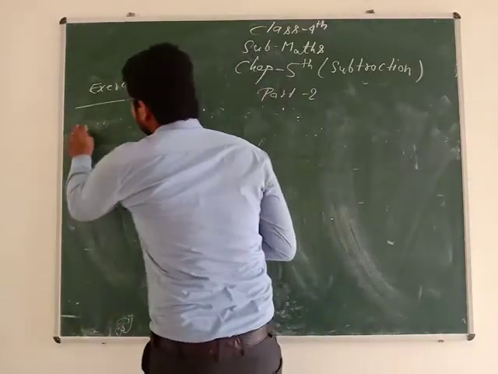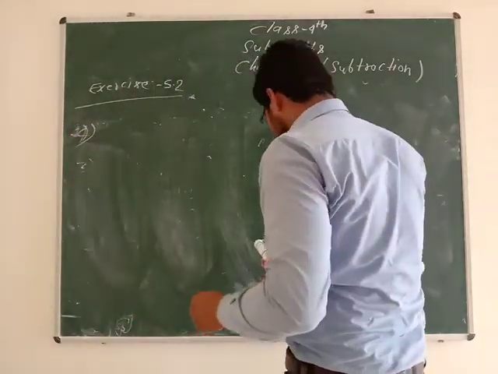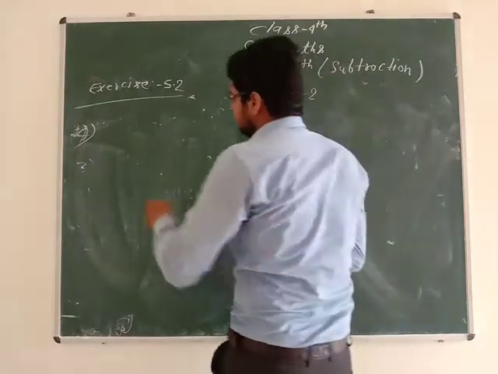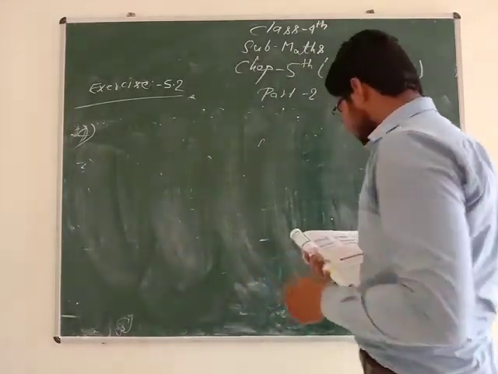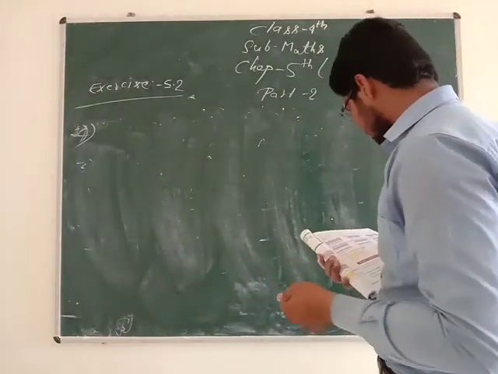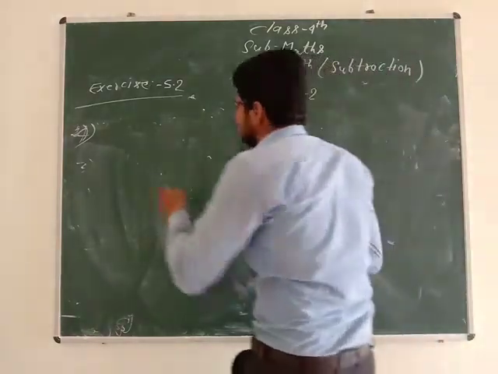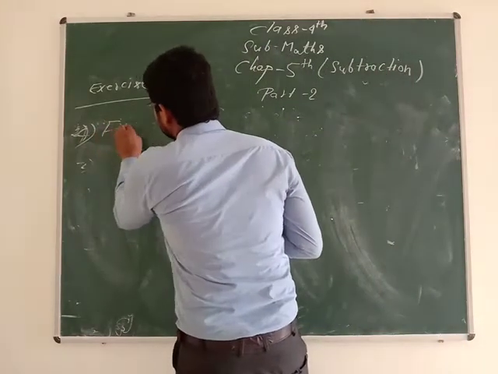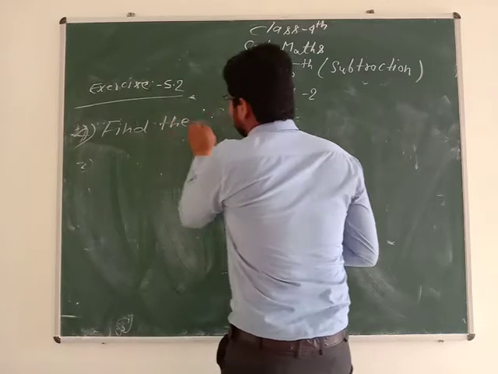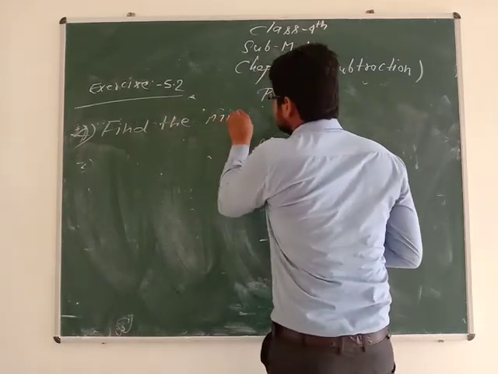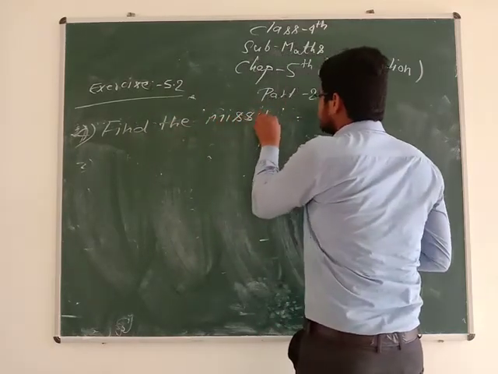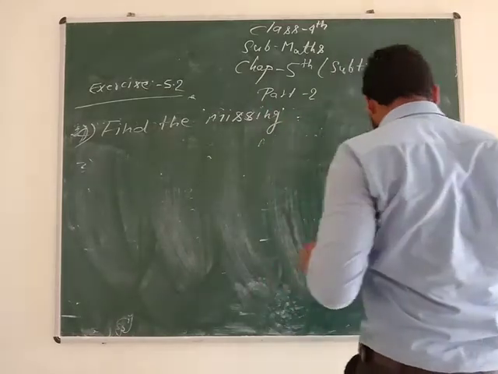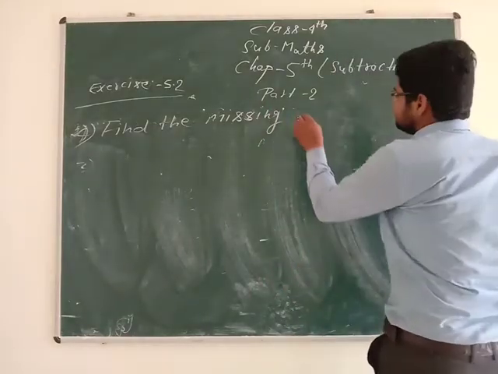Let's jump to the fourth question. The fourth question is find the missing subtrahend. This time we have the opposite of question number 3. Find the missing subtrahend.